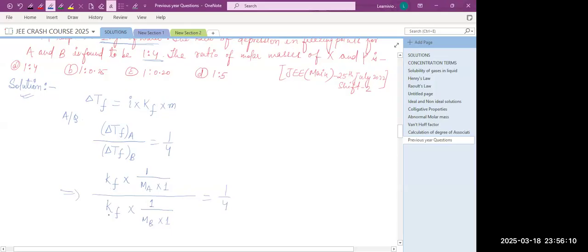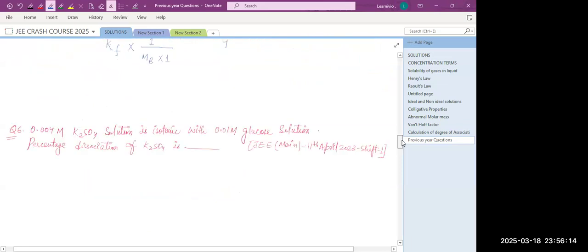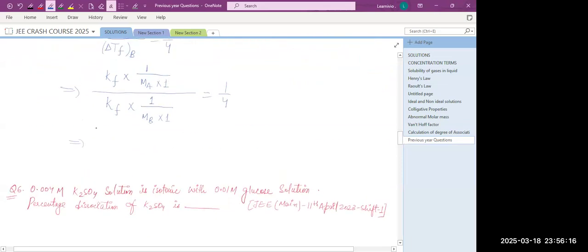Now this KF and this KF will cancel out, and you will get MB upon MA equals 1 upon 4.